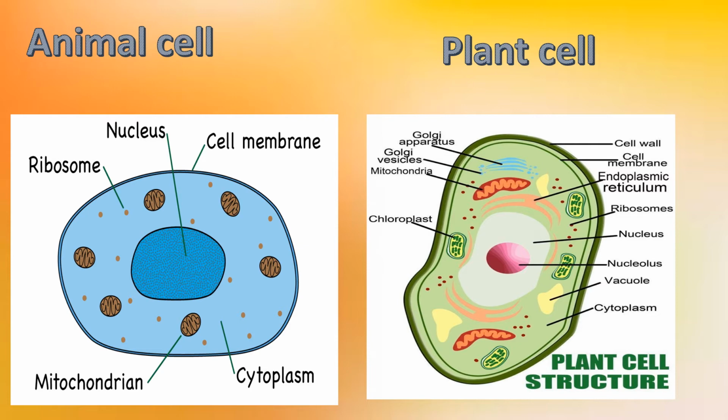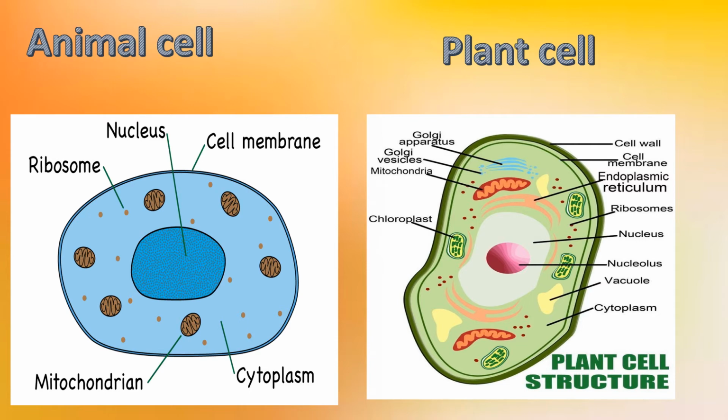Have a fixed shape and haven't a fixed shape, have a cell wall, haven't a cell wall. And see the other things. What are the differences you can see? What about the vacuole? You can see a vacuole only in plant cells. When you see the animal cells, there are small vacuoles.